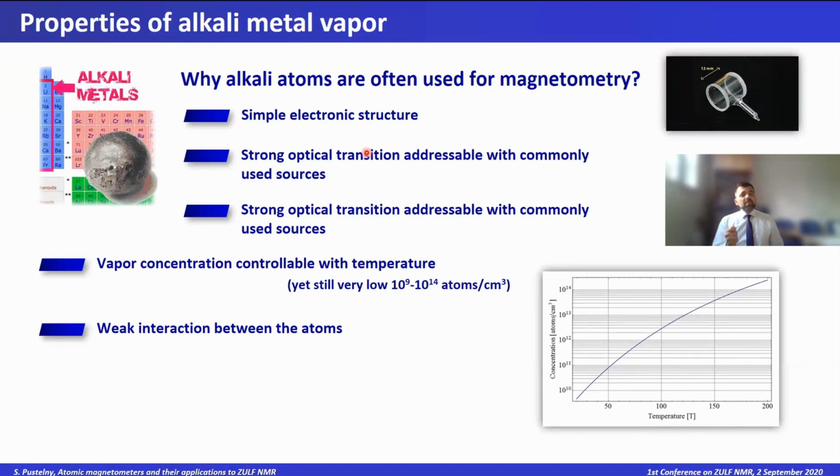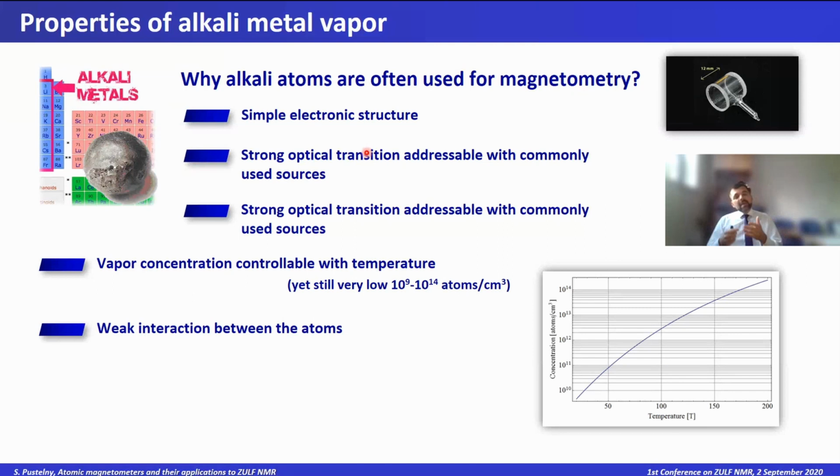One more important parameter is that all these alkali atoms have a very strong transition, the lowest energy transition in the system, which we call the D1 line, so that even 10 to the 9th atoms in a couple of centimeter long cell can absorb a significant fraction of our light.